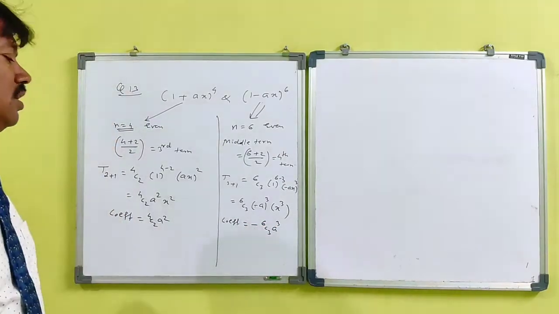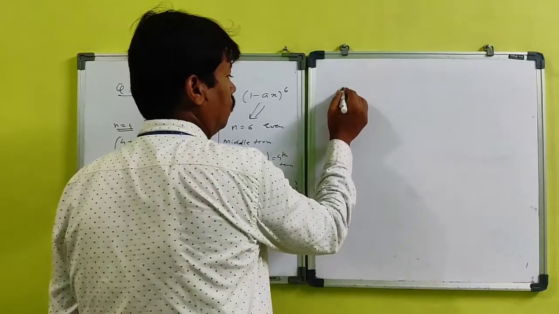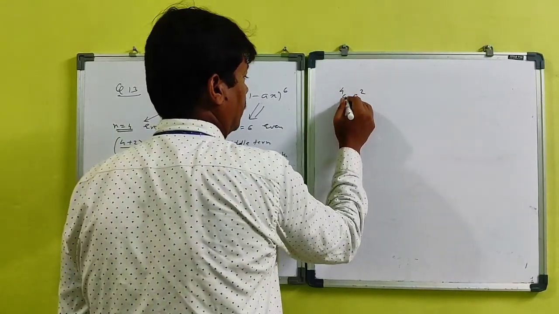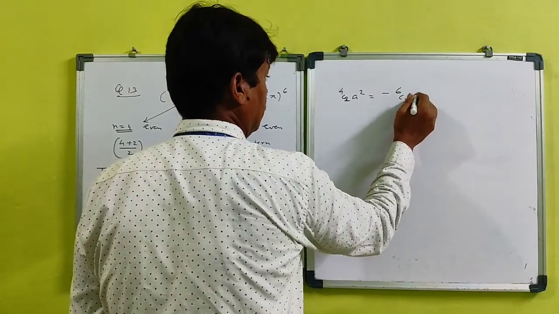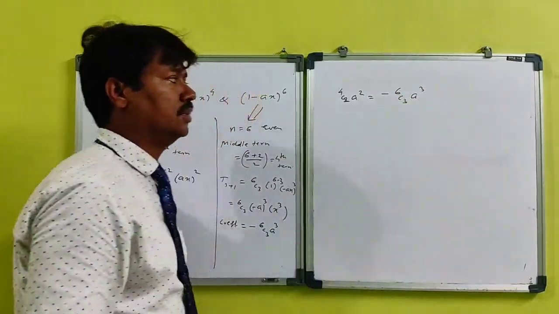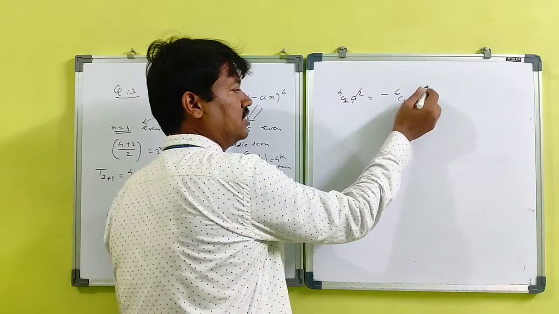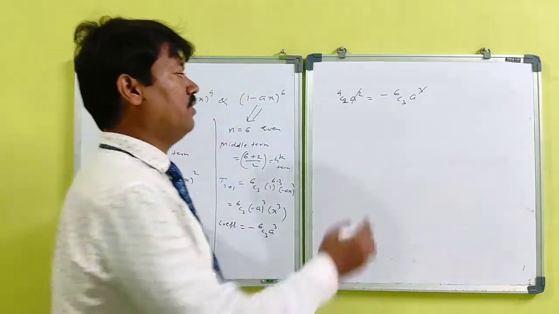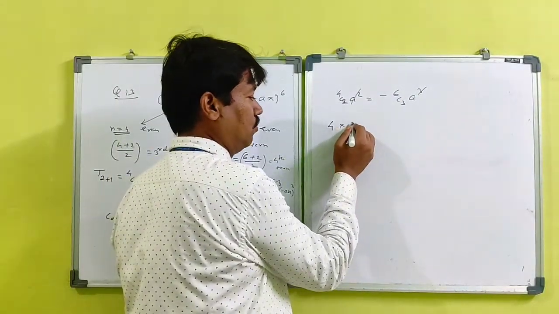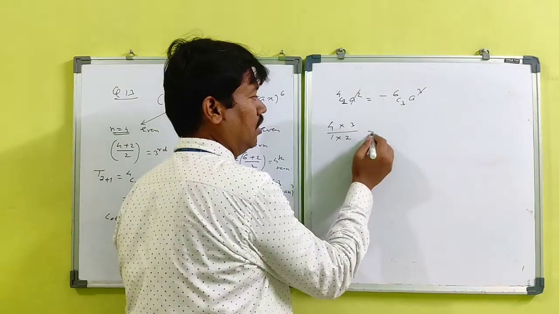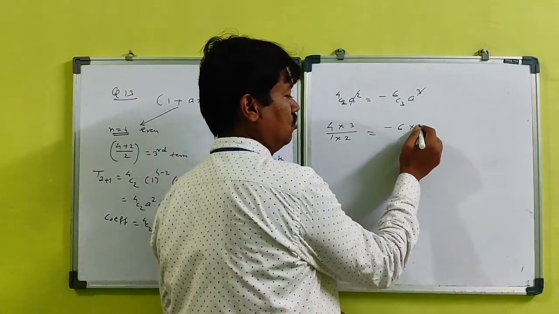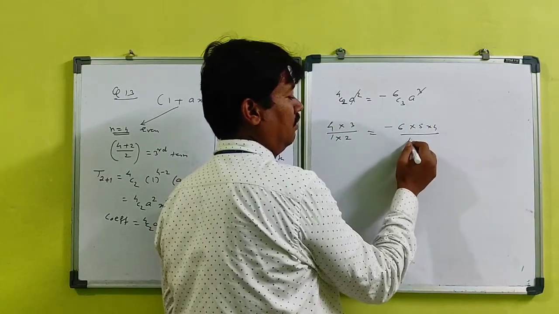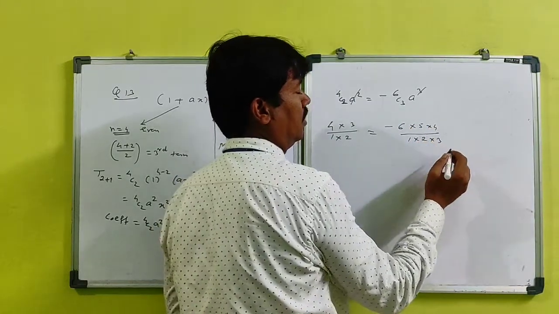So as per the given condition, 4c2 a square should be equal to minus 6c3 a cubed. So now this a square and this will get cancelled. So a, what is the value of 4c2? It is 4 into 3 upon 1 into 2. And what is the value of 6c3? That is 6 into 5 into 4 divided by 1, 2, 3.